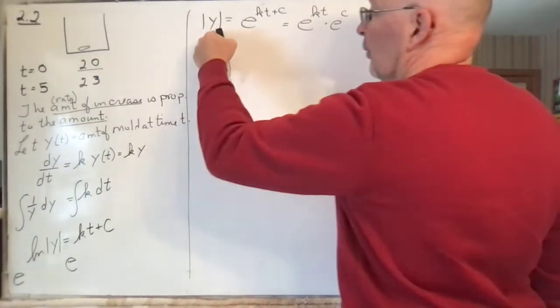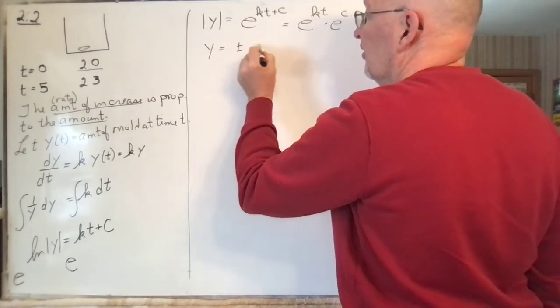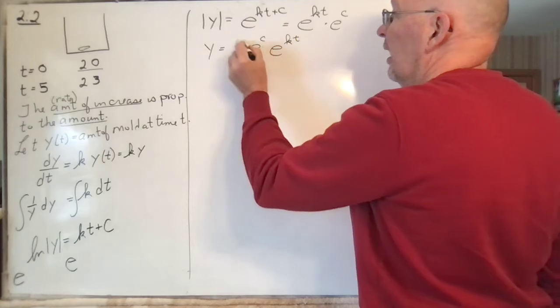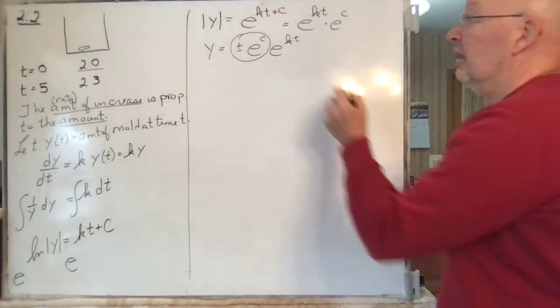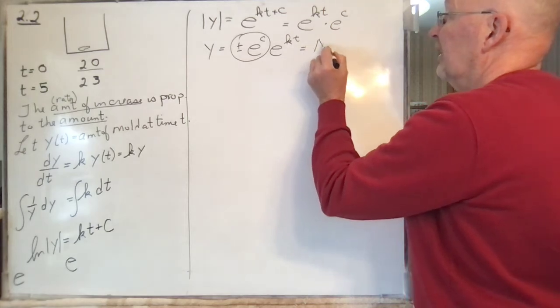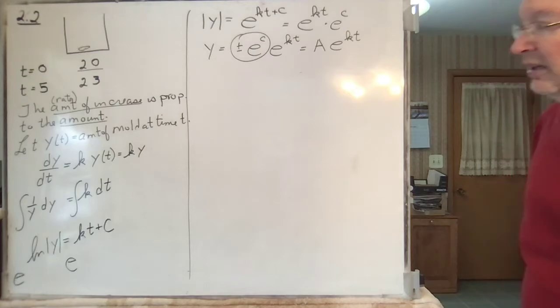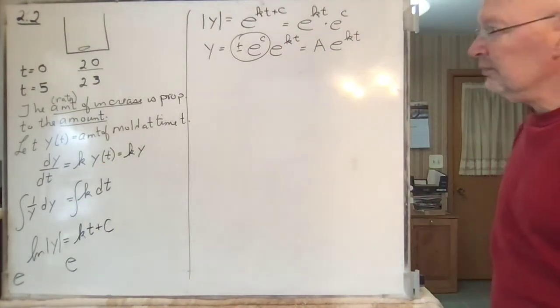And then I can get rid of the absolute value and write y is equal to plus or minus e to the c times e to the kt. And then I just notice that that's going to be some other constant. And so I can write it as a times e to the kt. So there is the solution to this differential equation right there.